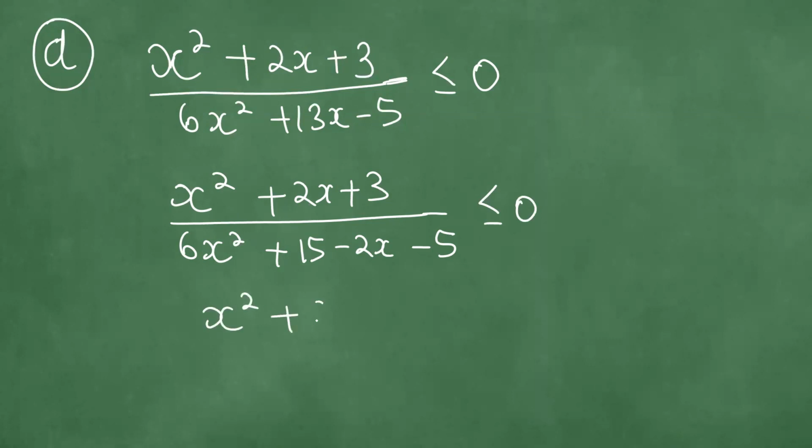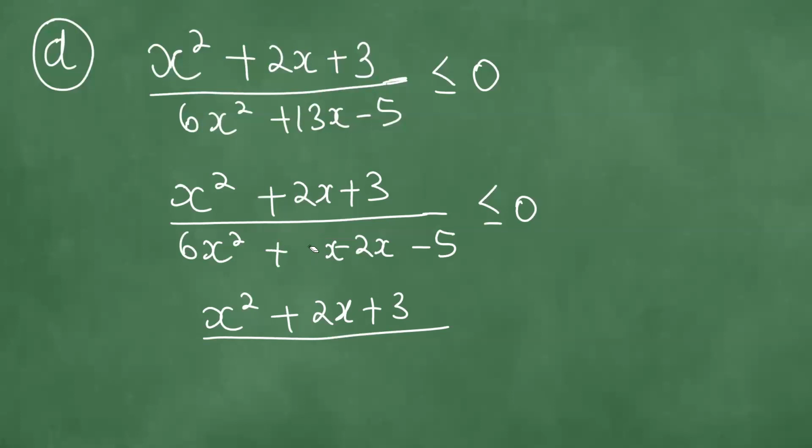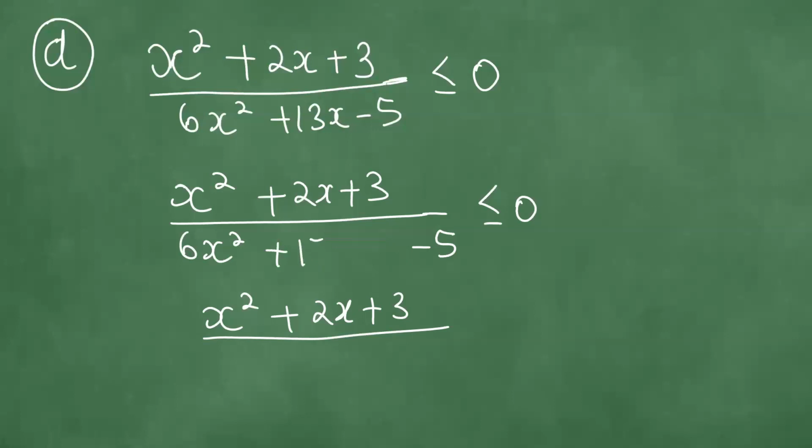There's most certainly an x here. That's a 15x minus 2x. Let's write clearly: a 15x minus 2x.